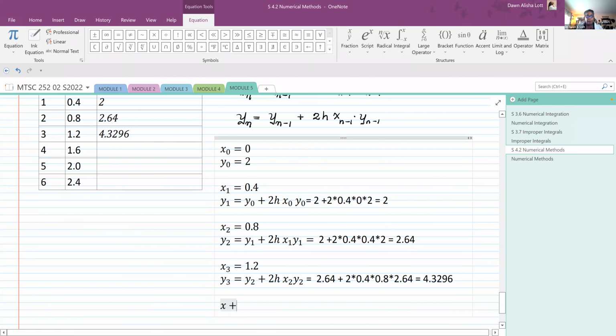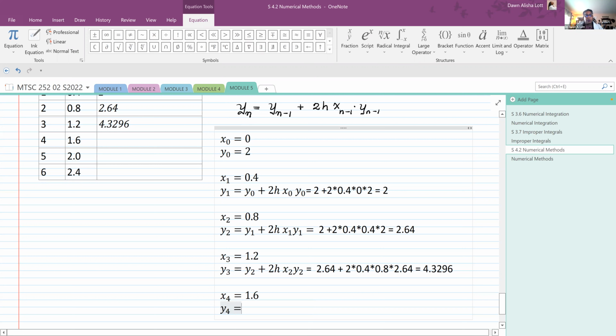x4 is equal to 1.6. y4 is going to equal y3 plus 2 times h times x3 times y3.